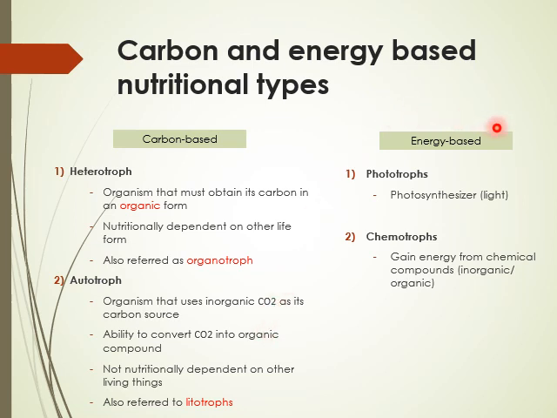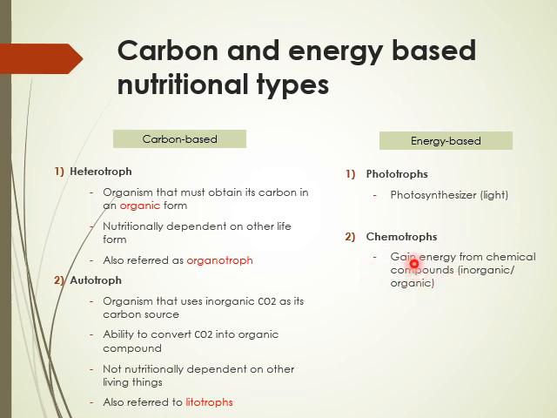Okay, next one, let's have a look at the classification or group based on the energy source. Phototroph. Phototroph means organism that is able to do photosynthesis, that can convert photo, light, energy into food. Right? So phototrophs are the photosynthesizers. Chemotrophs.